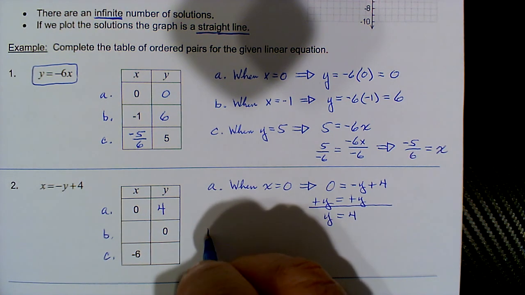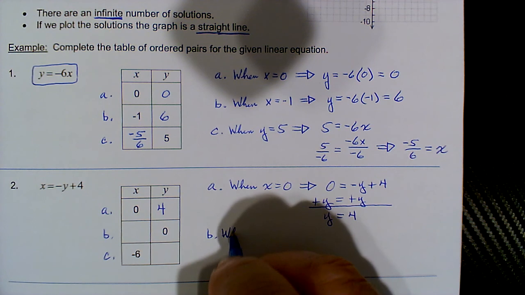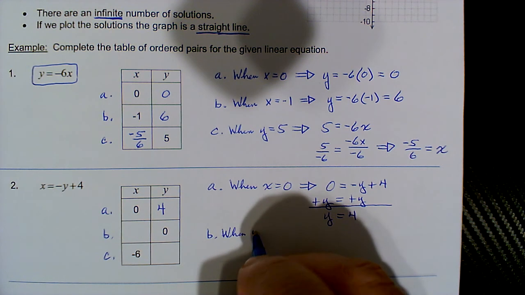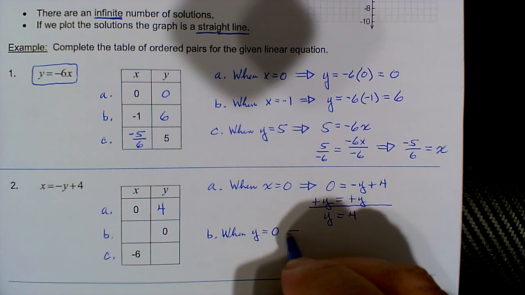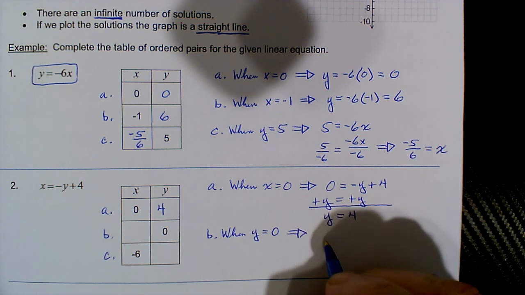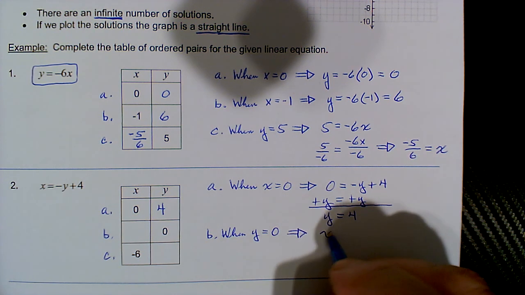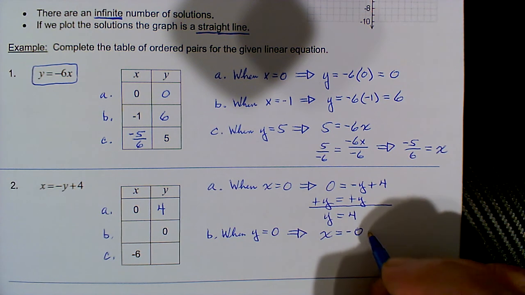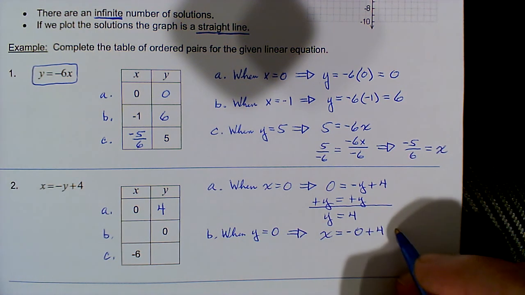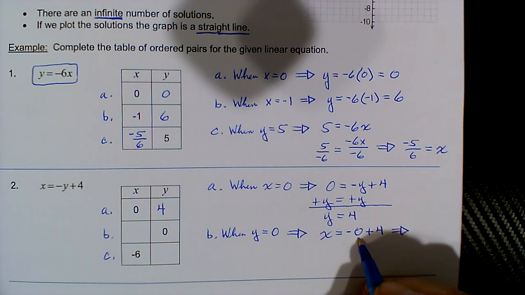In part B, now we're saying y is going to be 0. So if y is 0, we have x equals, there's really no need to substitute a 0 in there, because that term disappears.